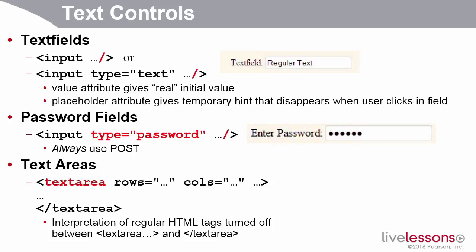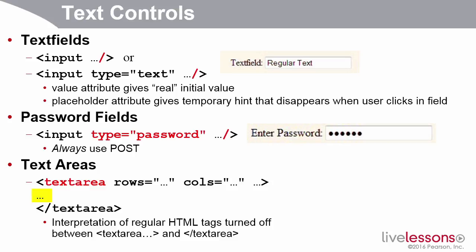But there's one extra interesting feature of text areas: if inside the text area in your actual file, as a default value, or when the end user types it in, you have regular HTML tags, those HTML tags are not interpreted by the browser as regular HTML unless the end text area tag appears in there.